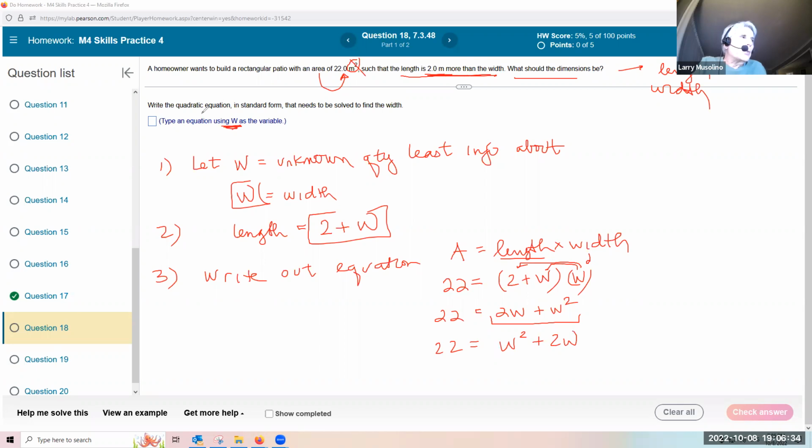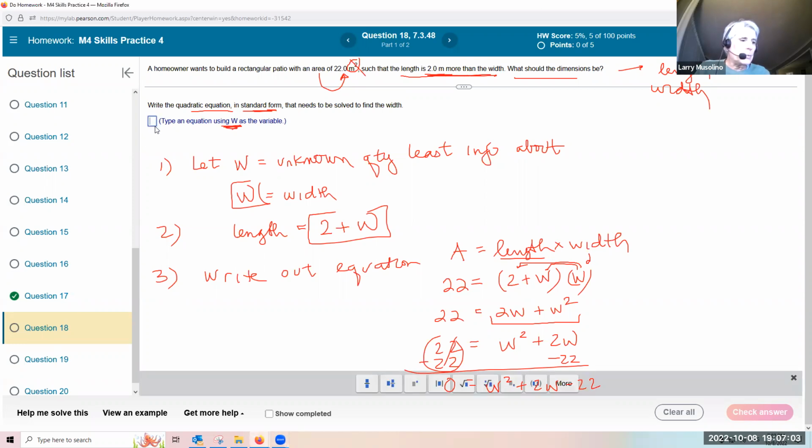All right, well, part A, this question says, write the quadratic equation in standard form. Standard form means set equal to 0. So let me go ahead and subtract 22 from both sides to get it into standard form. So I got 0 equals w squared plus 2w minus 22. I think this is the equation they want for part A. Let me type this in and see if this is what they want.